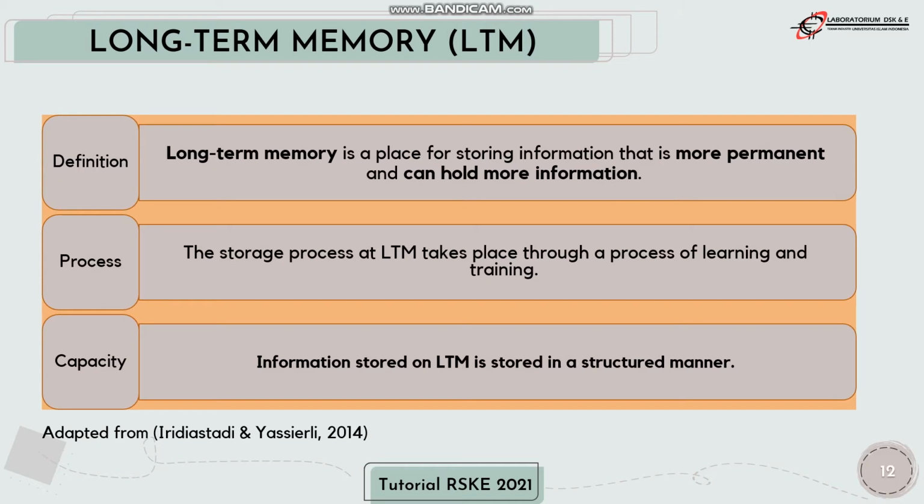Long-term memory. Long-term memory, in definition, is a place for storing information that is more permanent and can hold more information. For the process, the storage process in long-term memory takes place through a process of learning and training.